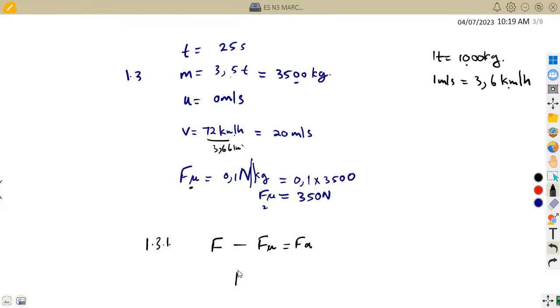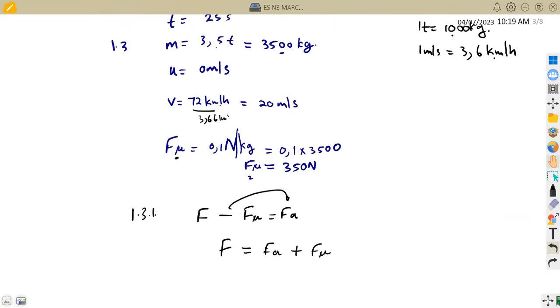So to find the total force, we can transpose the frictional force to get accelerating force plus the frictional force, whereby the accelerating force is the force due to acceleration. So this is going to be MA. So our total force is going to be MA plus the frictional force.